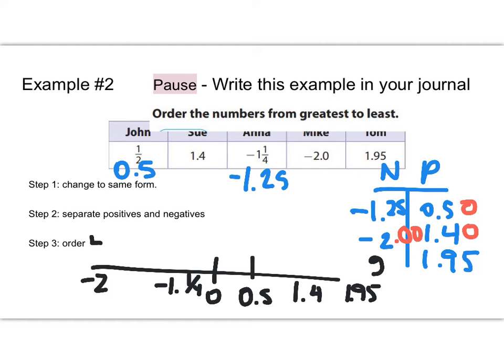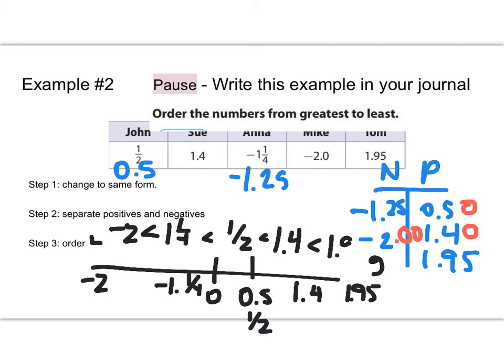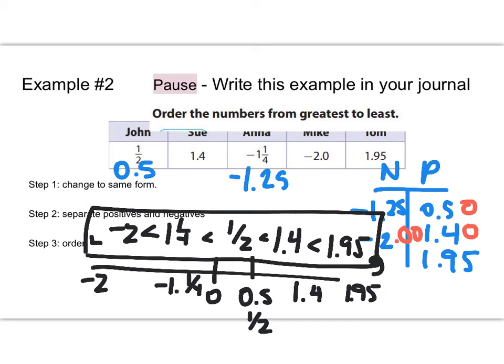This one right here was 1 1/2. So the order that it's in is negative 2 is less than 1 1/4, is less than 1 1/2, is less than 1 4/10, less than 1 95 hundredths. This is the order of my ascending numbers.